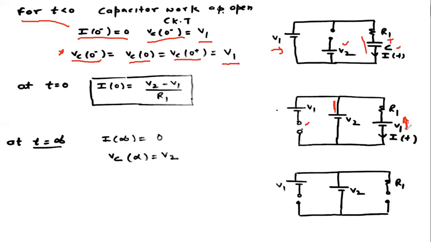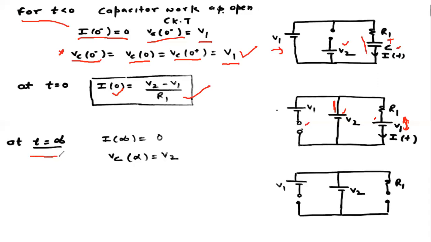The capacitor becomes a short, but it represents its initial voltage, that is V1. So the value of current i(0) across the capacitor becomes equal to the potential difference, V2 minus V1, upon the total resistance, that is R1. So the capacitor voltage vC(0) in the switching condition is V1, while the current i(0) is V2 minus V1 upon R1.